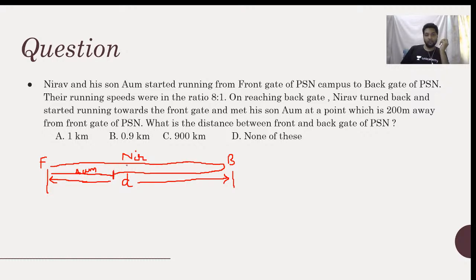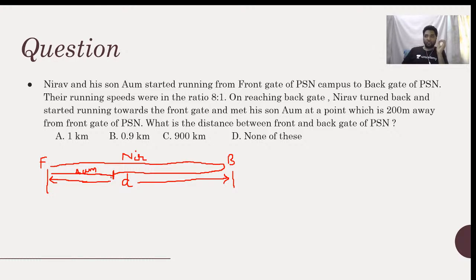Given that the speeds are in the ratio 8:1, distance covered will also be in the ratio 8:1 if the time taken is the same. Because both of them started at the same time and after some time they met each other, they have traveled for the same amount of time.